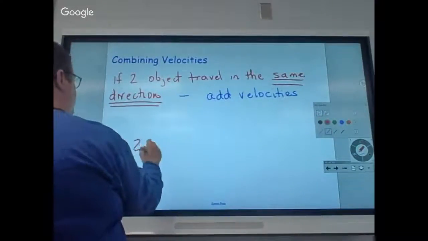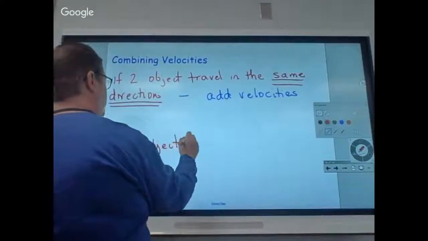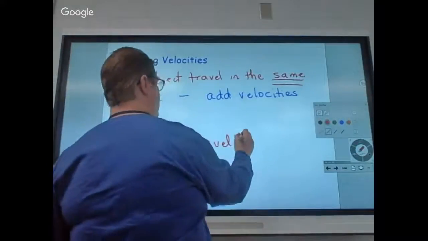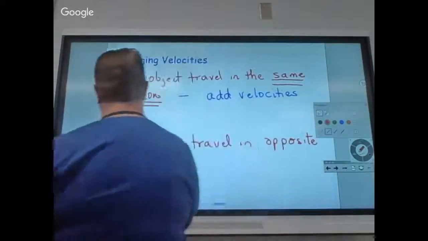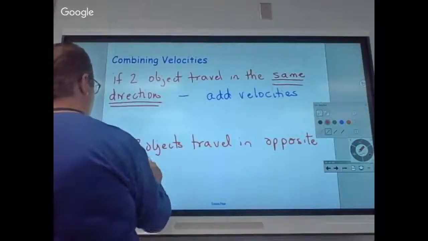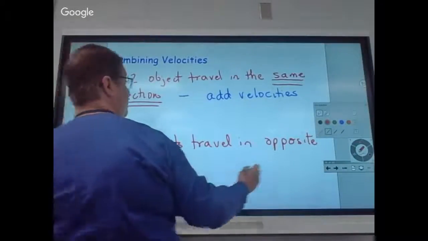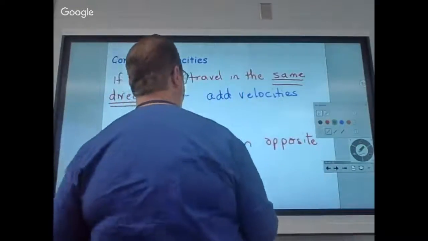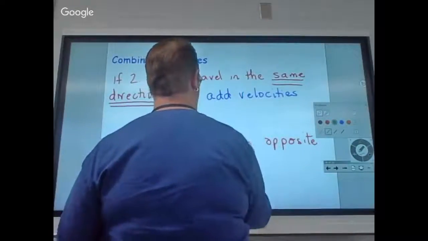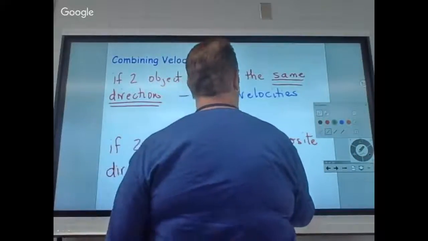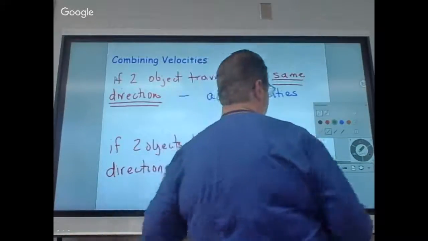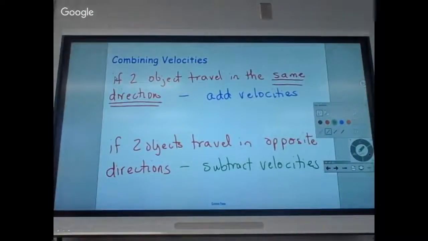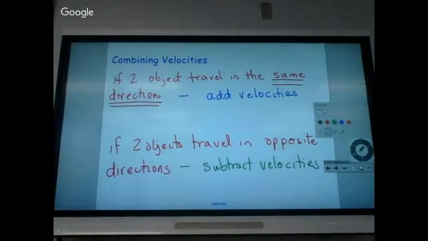If two objects travel in opposite directions, what do you suppose we're going to do? Then you will subtract the velocities. Okay? Wait, so like you just add them to the two and it's the same? There you go. All right.